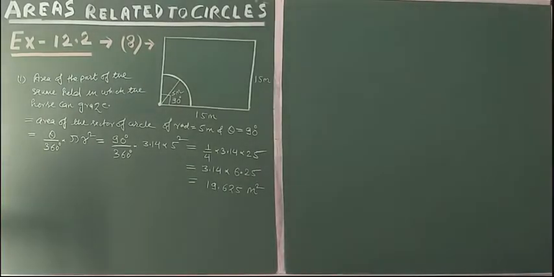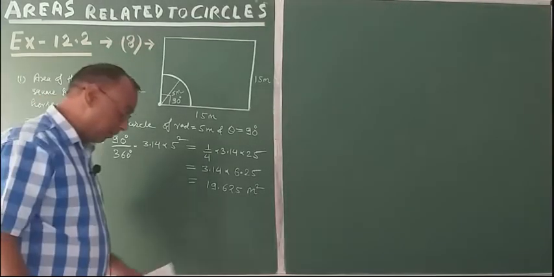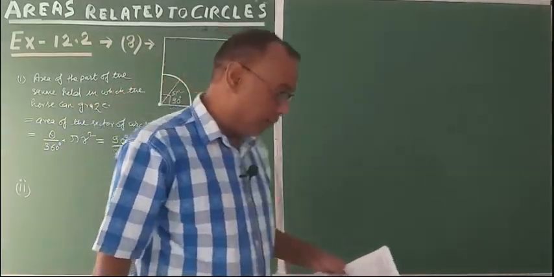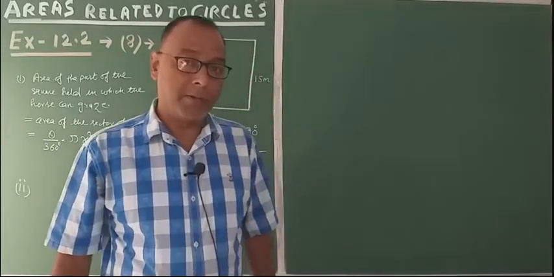Now question is this, second part: find the increase in the grazing area if the rope were 10 meter long instead of 5 meter.